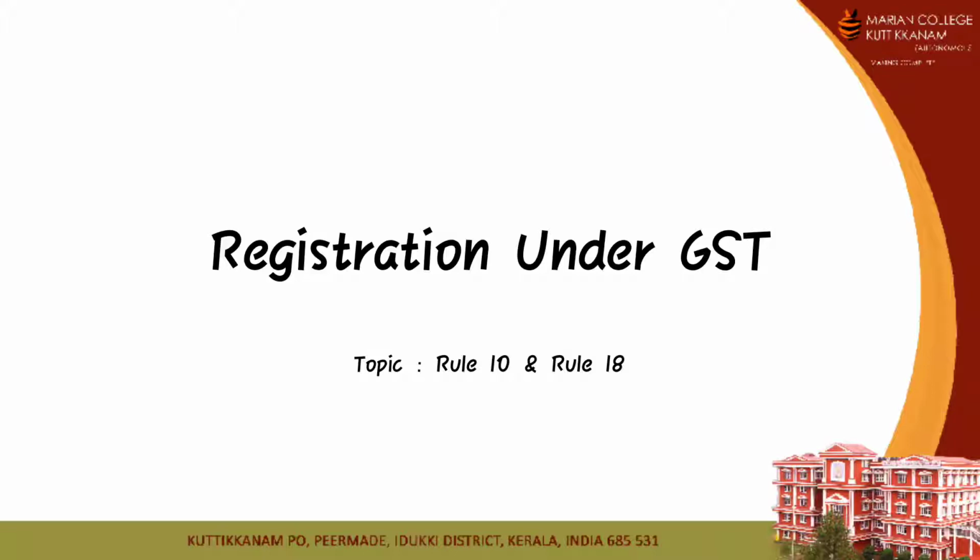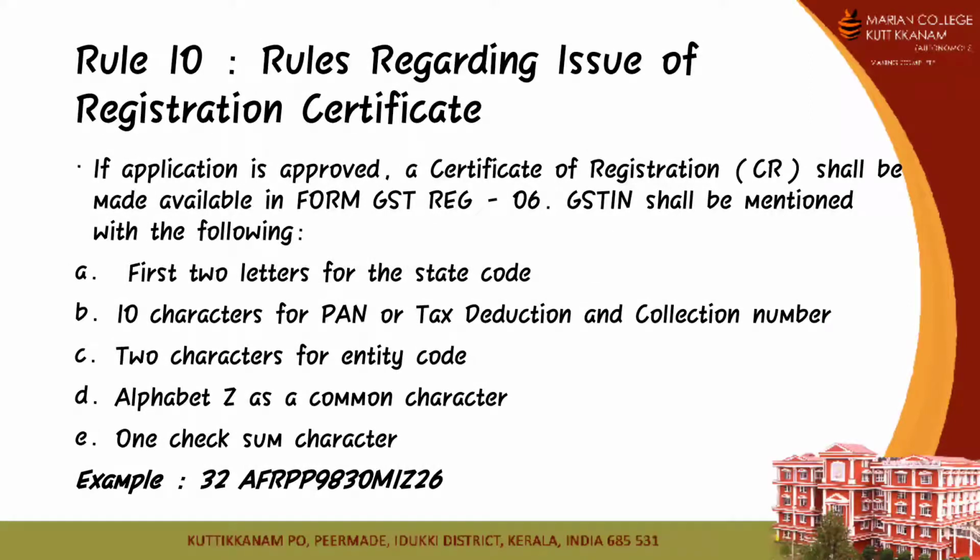The first thing that he should look into is rule number 10, that is the issue of registration certificate. Once the application of registration is approved by the proper officer, a certificate of registration will be issued to him under form GST REG 06, and in that registration certificate, the GSTIN, that is the Goods and Services Tax Identification Number, will be mentioned.